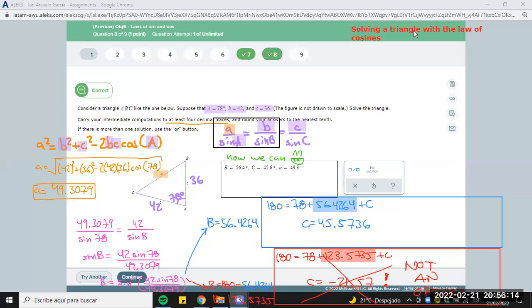So at the beginning we have just the purple information, right? We have this angle 78, this side 42, and this side 36. Now I first wrote the law of sines, the sine law.